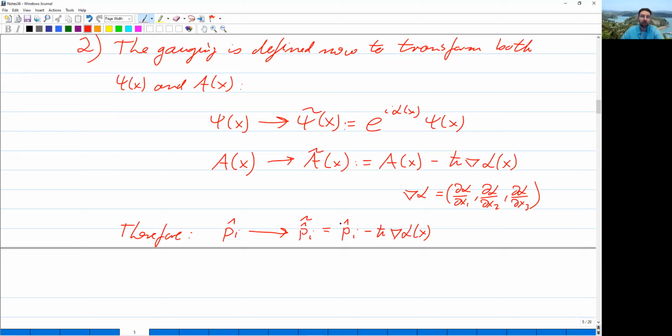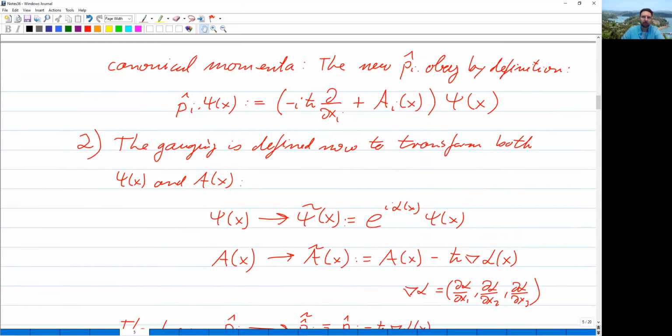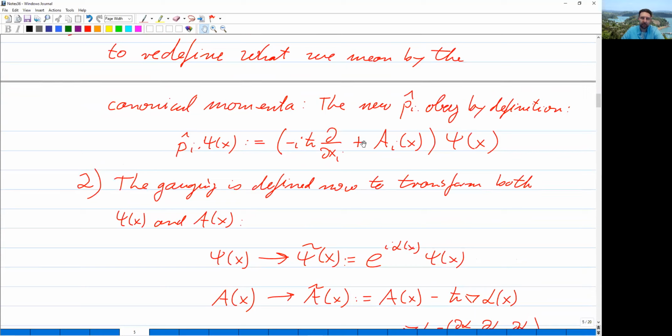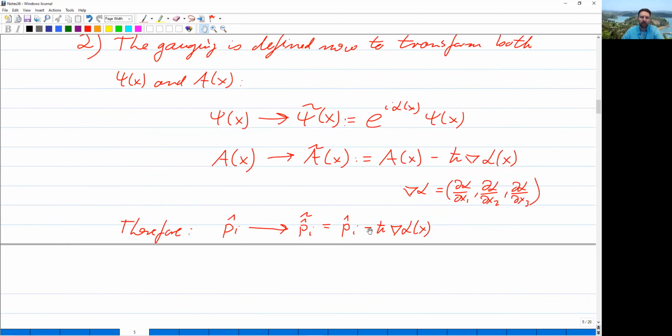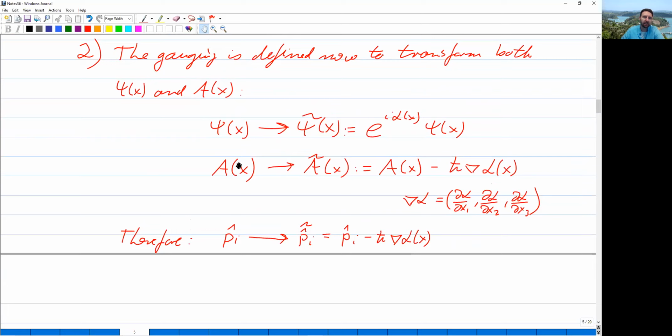Right? And why is that? It's because the momentum operator contains A, right? And A changes by subtracting h bar gradient of alpha. Remember, the old momentum operator acts like this. The new momentum operator acts like this. And since under a gauge transformation, psi changes, but also A changes, and A changes by subtracting h bar nabla alpha, we have that also the action of the momentum will change, namely in this way. All right, so we have that psi changes under a gauge, A changes under a gauge, and therefore it's implied that also the momentum changes under a gauge.